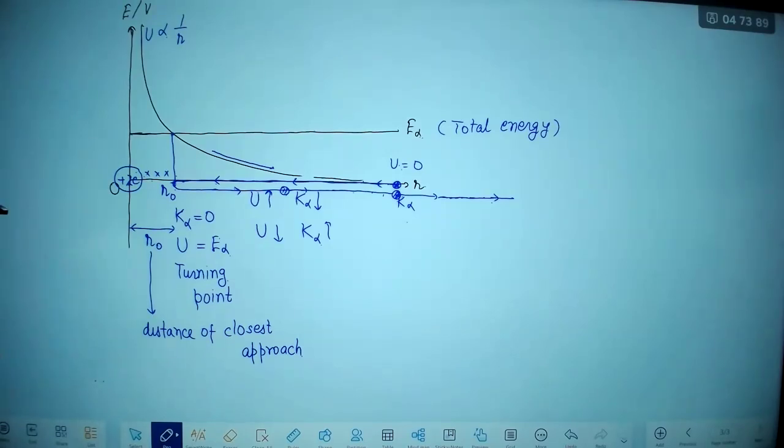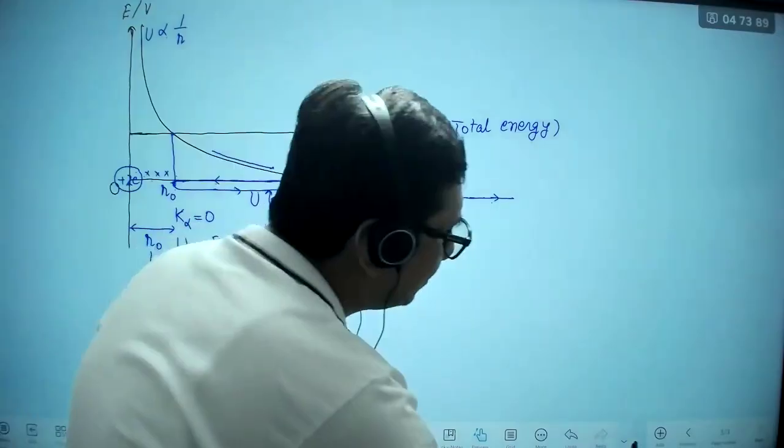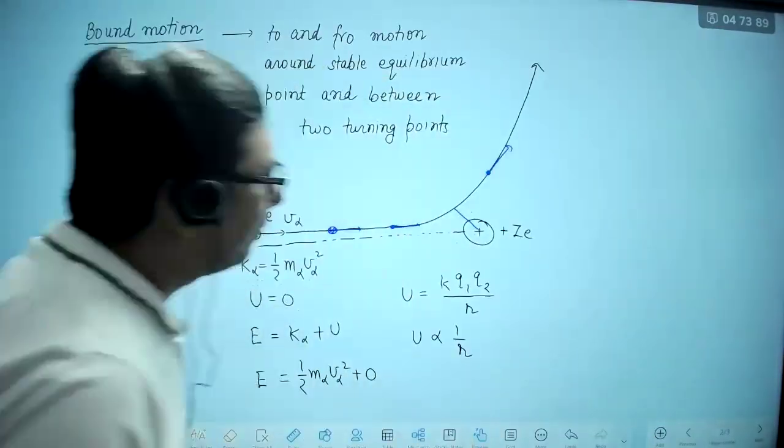Sir, but all particles won't reflect back, right? Some might deflect in some other direction. Can we say that they have a turning point also? Actually, try to understand.